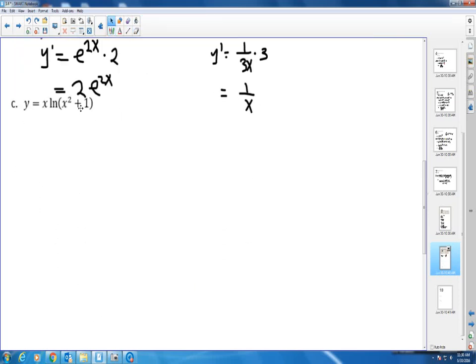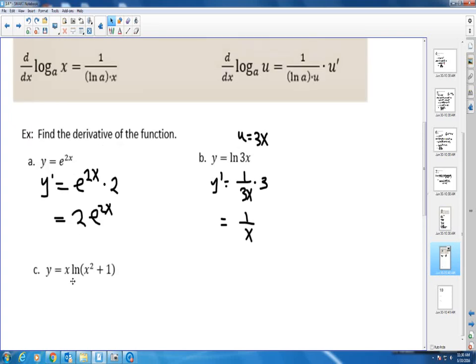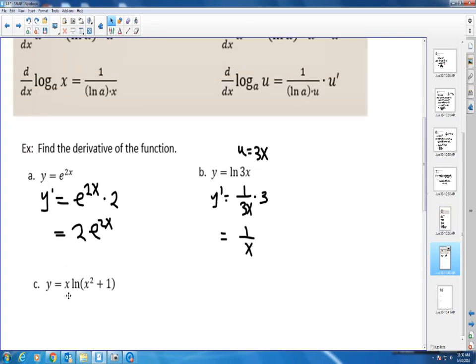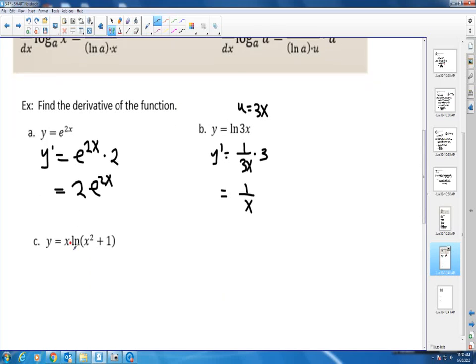Alright, let's do something a little bit more complicated. x times natural log of x squared plus 1. Okay, so this is a product rule. I'm going to write a little bit more for this particular example.